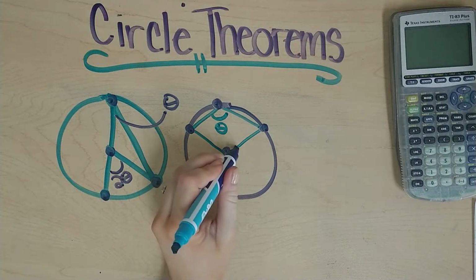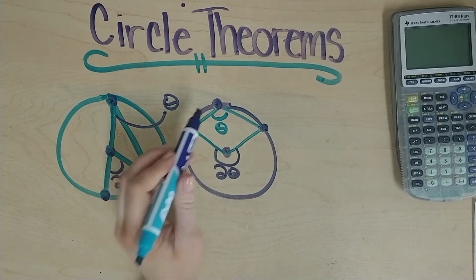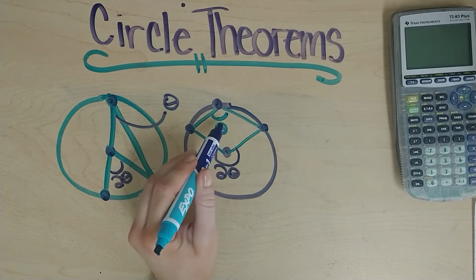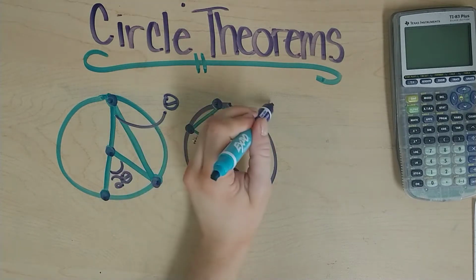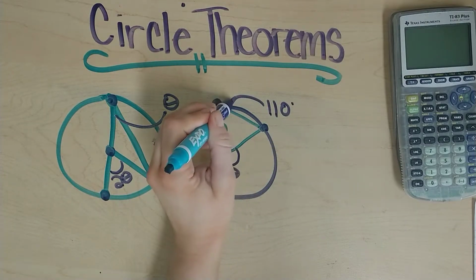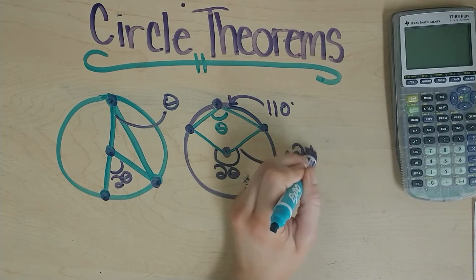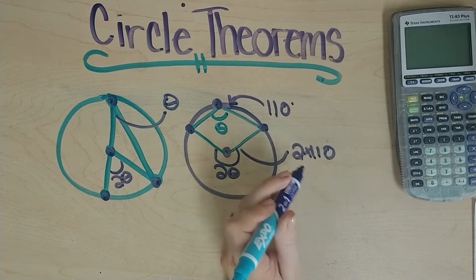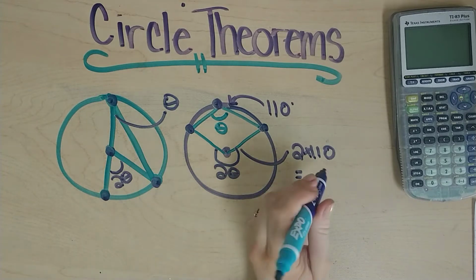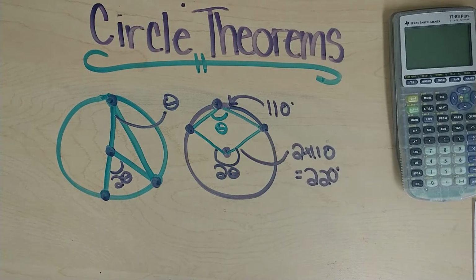This angle, again, is 2 times theta. So if this angle is, say, 110 degrees, this angle is going to be 2 times 110, which means this angle right here is 220 degrees.